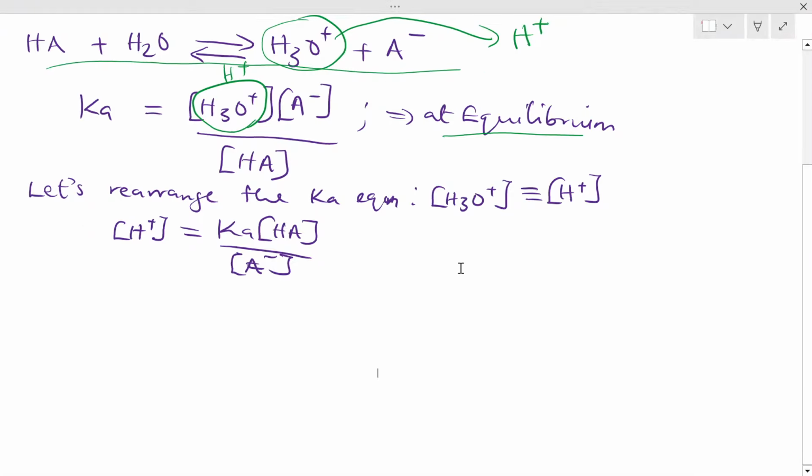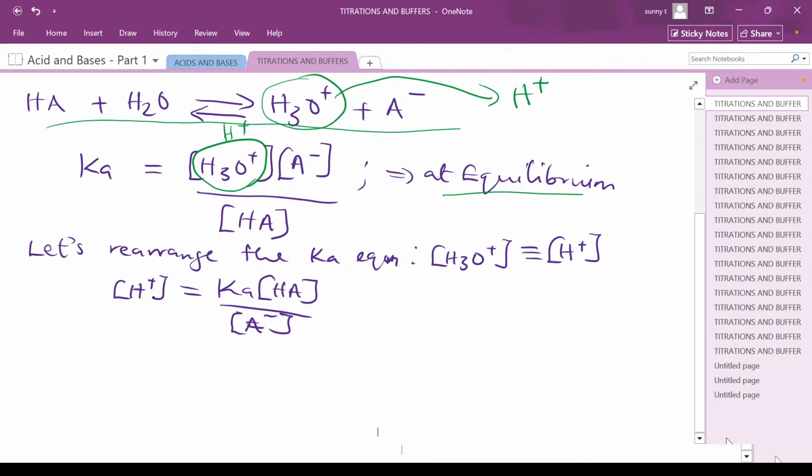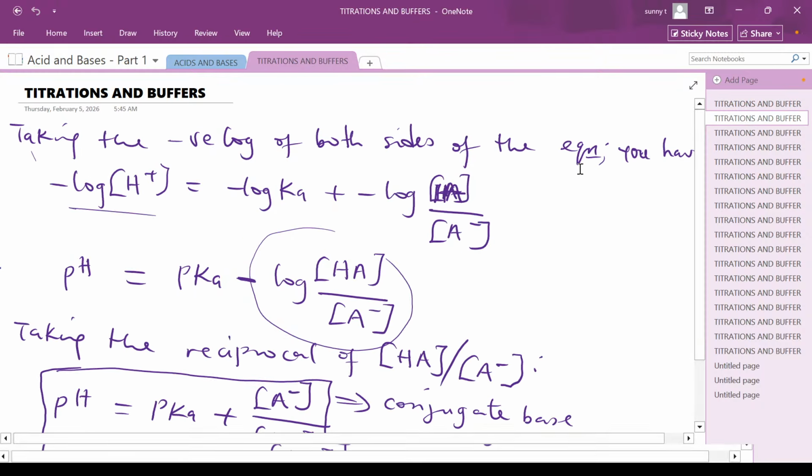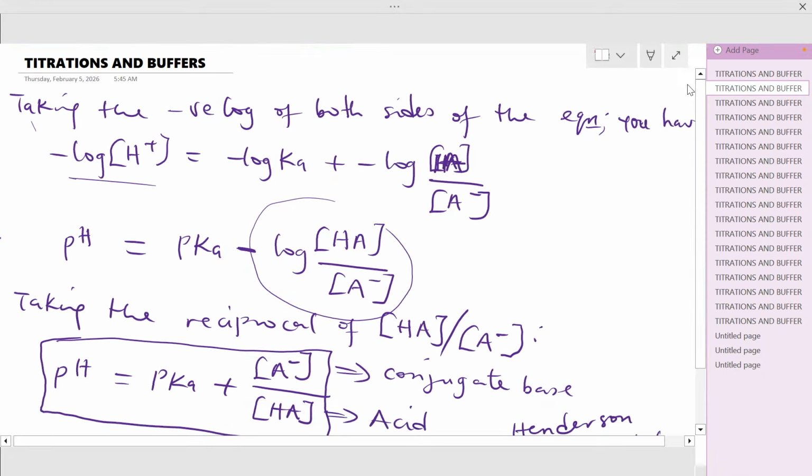So that's how we got this relationship. Next we want to look at this hydrogen ion concentration in relationship to the negative log. We do that by taking the negative log of both sides of the equation, and when that is done, what we have is this right here.